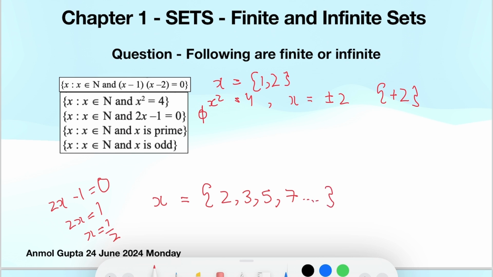This extends to infinity, so it is an infinite set. X such that x belongs to natural numbers and x is odd. Again, in roster form we can write it as 1, 3, 5, 7 dot dot dot. So it is an infinite set.